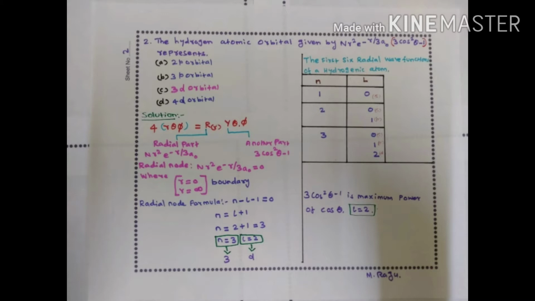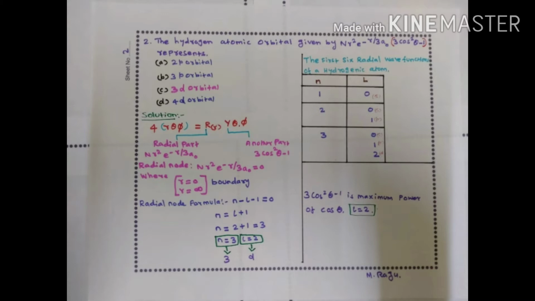The other part is 3 cos square theta minus 1. This radial node, n r square e minus r by 3a0 is equal to 0, where r is equal to 0 and r is equal to infinity, the boundary.